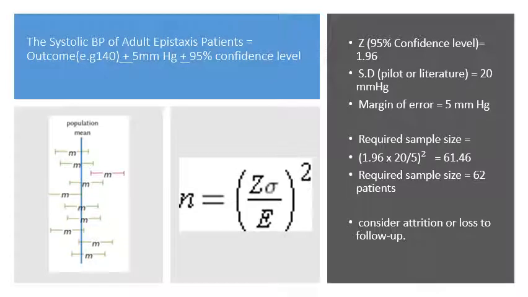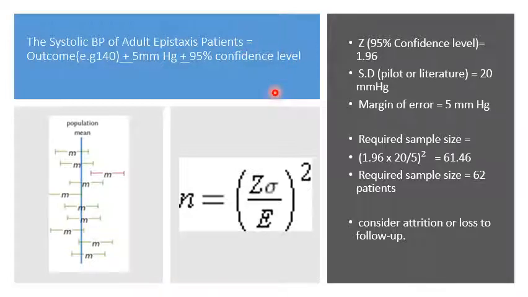So for example, if we are investigating the systolic blood pressure of adult epistaxis patients, this is an example of analyzing continuous data from a single group. You can use one of the two equations.